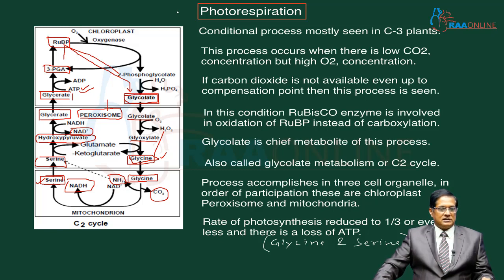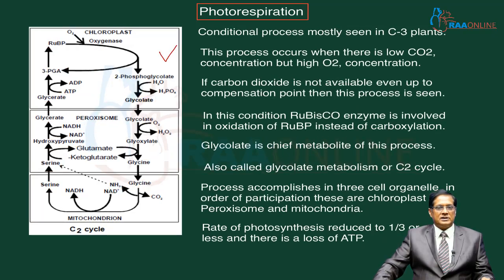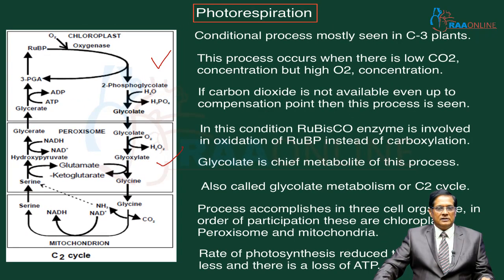The key points, better to see the key points. Number one, the process takes place in 3 cell organelles, that is chloroplast, peroxisome, mitochondria. Second, chief metabolite is glycolate.